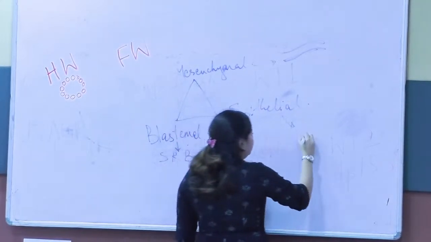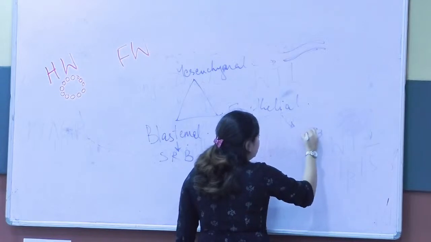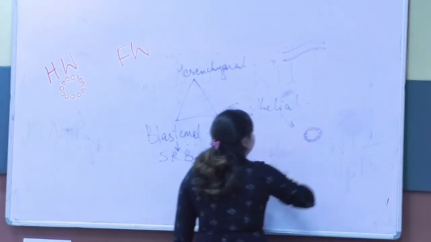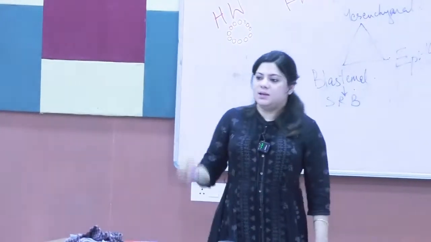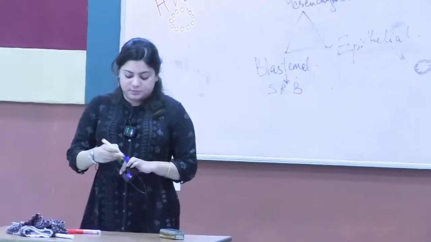There are some abortive tubules and glomeruli present in Wilms tumor, right? This is the microscopy. 3 components: blastemal, epithelial, and mesenchymal.